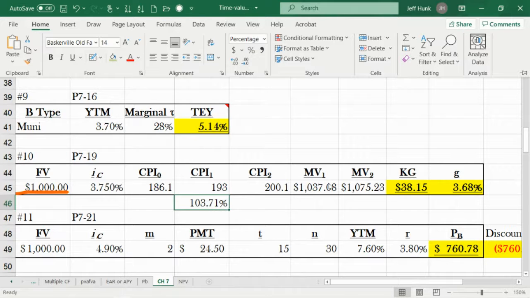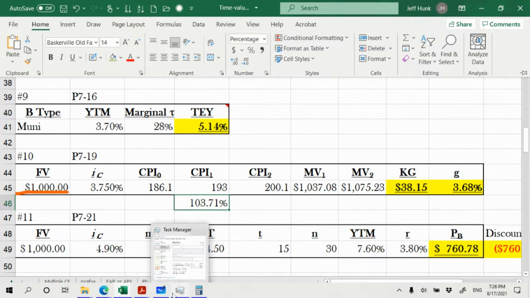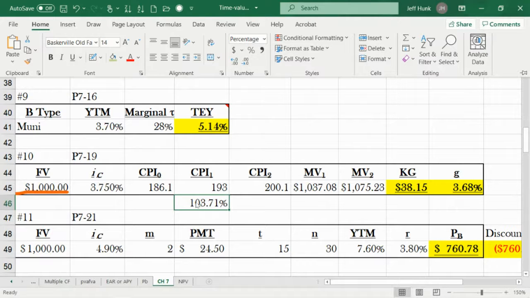If you're adjusting for net inflation, you will be multiplying this by 1 plus 0.0371. But that is 1 plus 3.71%, which is 103.71.